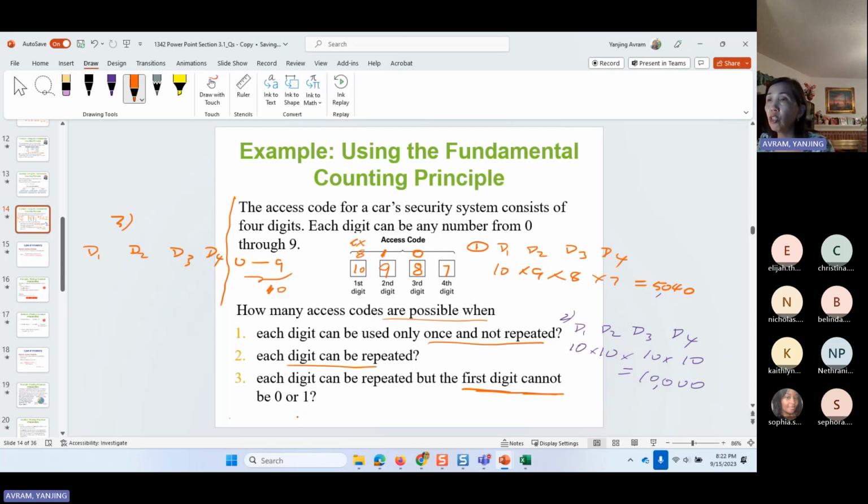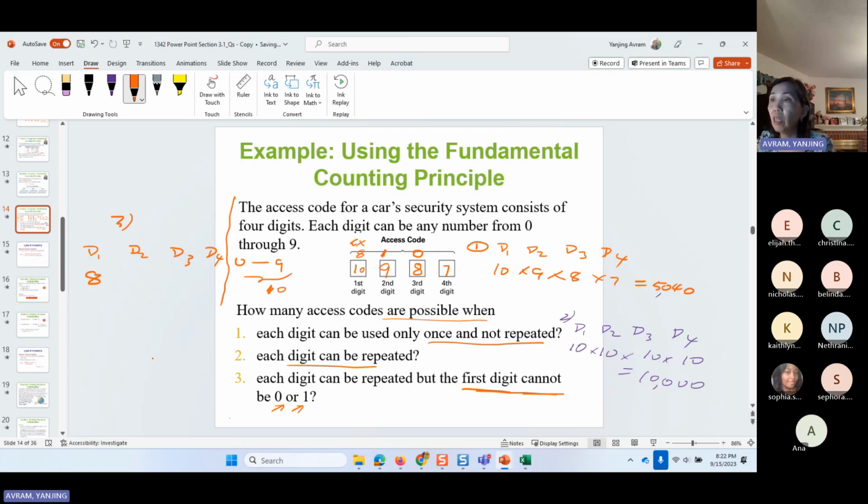That means how many choices do I have on the fourth digit? Well, 2 numbers are out. It cannot be either 0 or 1, right? So I have 10 choices minus 2. I only have 8 choices. I can only choose from 2 to 9. Okay, that's the fourth digit.